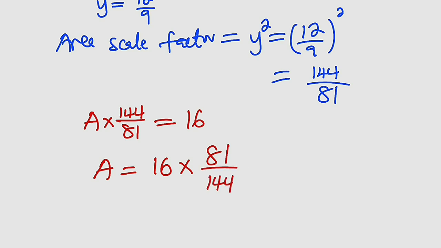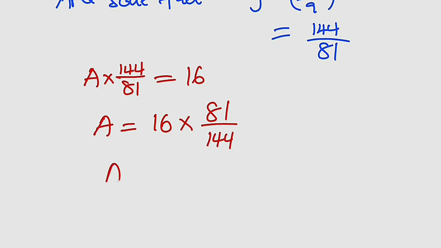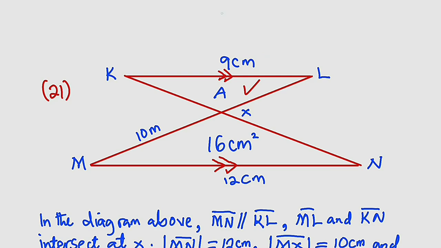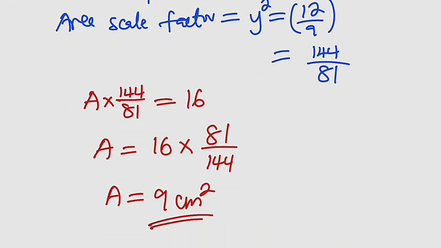So just take your calculator, take this value, multiply by this, then you divide the result by 144. That will give us 9 exactly. So A is equal to 9 cm squared, and this is the area of that small figure to the top, which is right here. Now let us move on to question number 22.